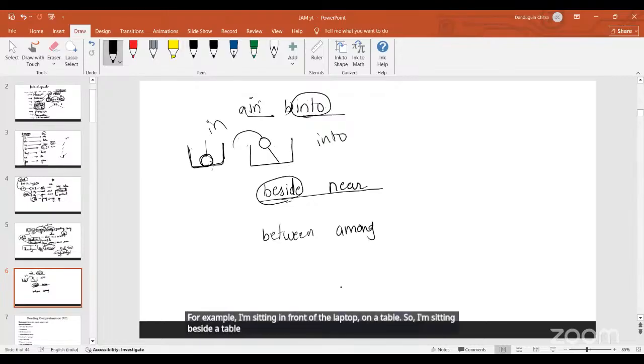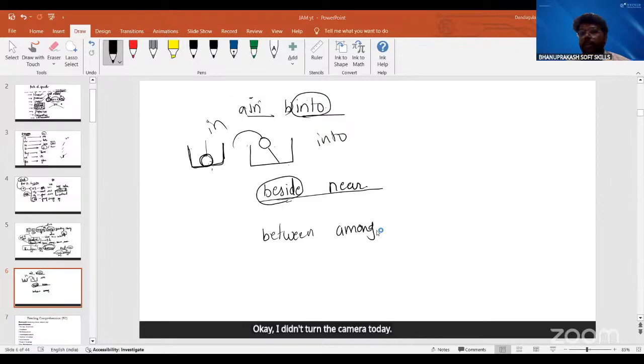Or you can see there is my water bottle here. I think you can see. So this is beside me. This is beside me, means side by side, which is very near.